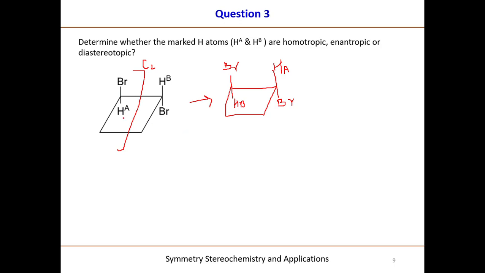Here both HA and HB are homotopic because they give an indistinguishable image of the molecule after rotation by a C2 axis. The center of rotation of the axis is present here, and the molecule is homotopic. The HA and HB groups are homotopic in this molecule.